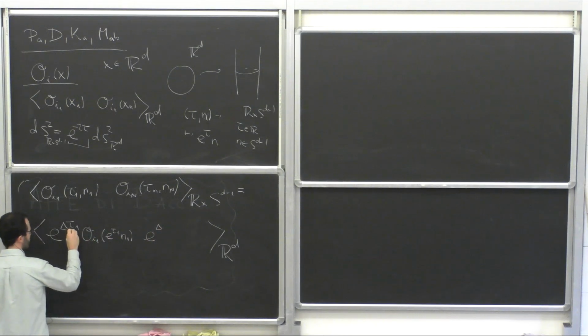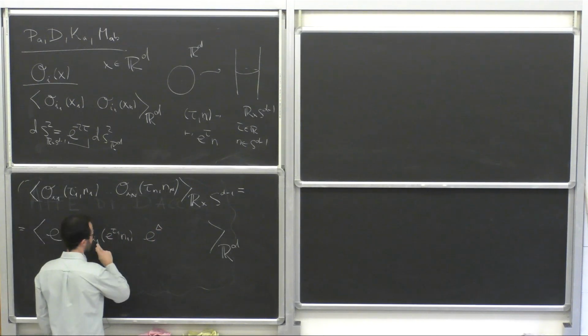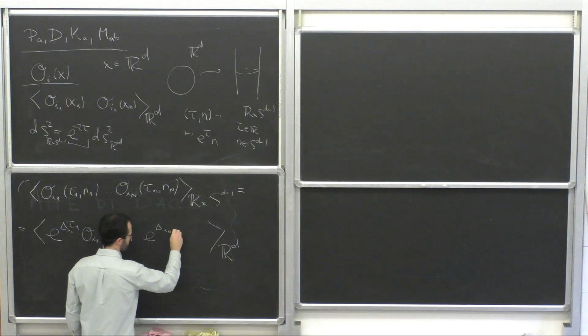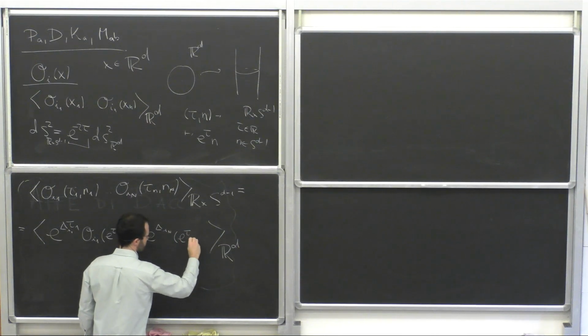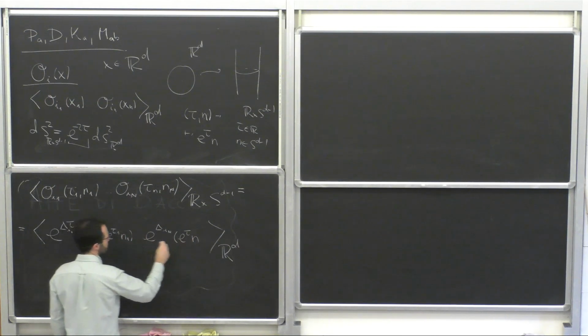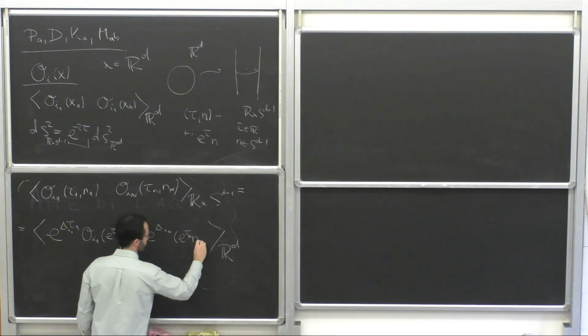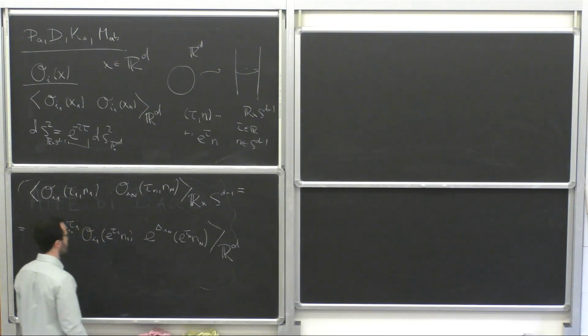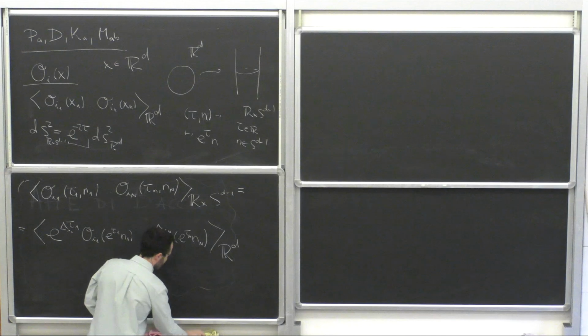So this should be I_1, and this should be I_N. So it should be tau_1 and tau_N. Okay. There is an O missing.